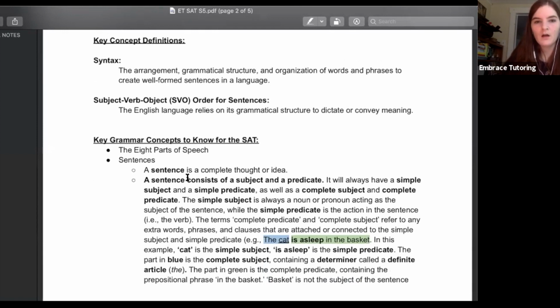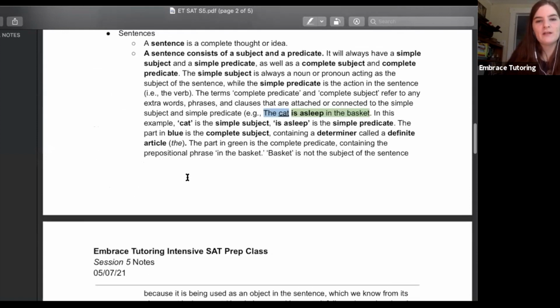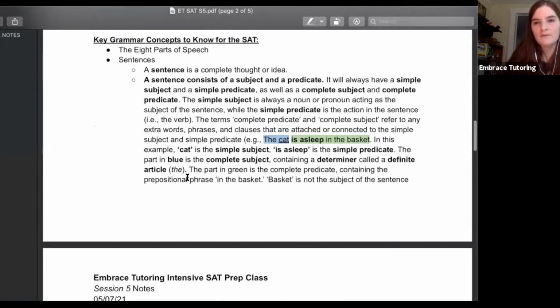All right, so that gives you a general idea here. In order to have a sentence, a lot of what the writing and language test is going to test you on is your knowledge of sentences, and your knowledge of different types of sentences too. That includes things like topic sentences, concluding sentences, and knowing what a transitional word or phrase is and how that functions within a sentence.